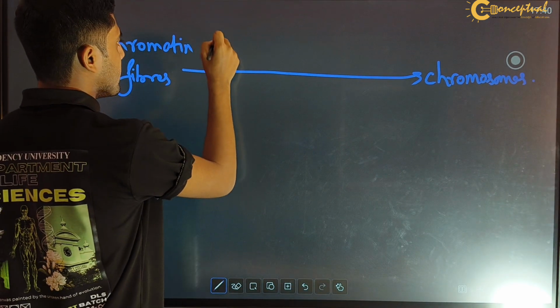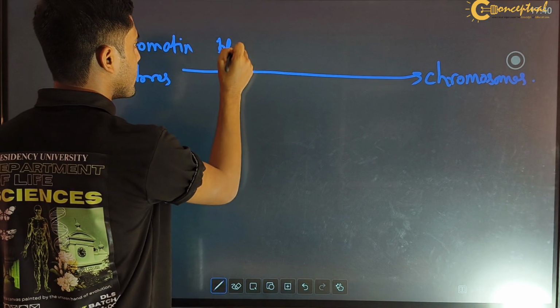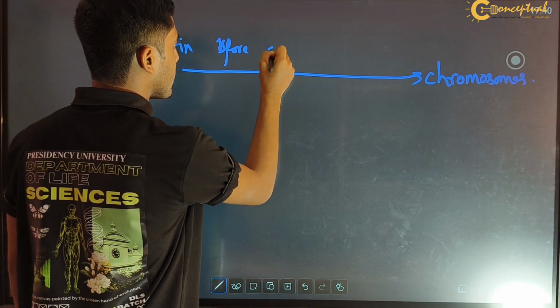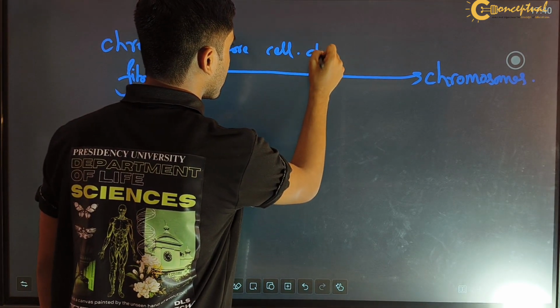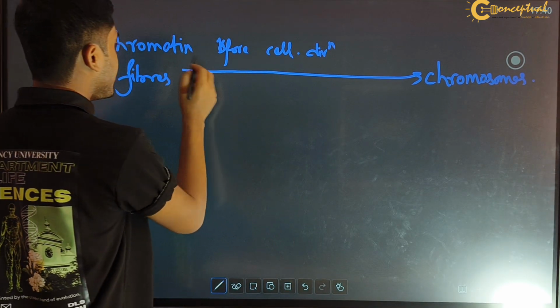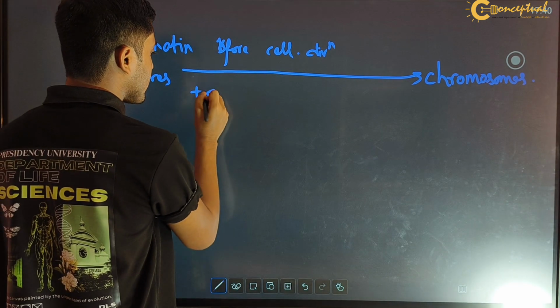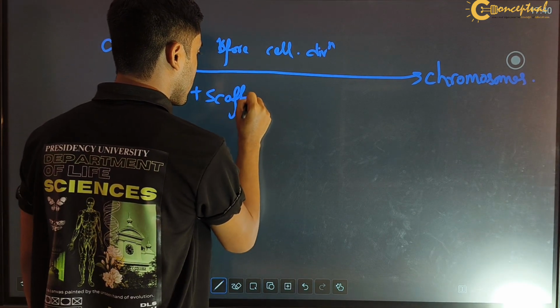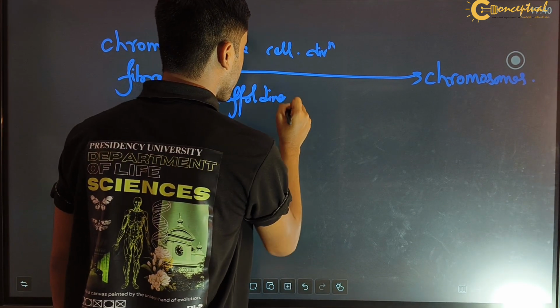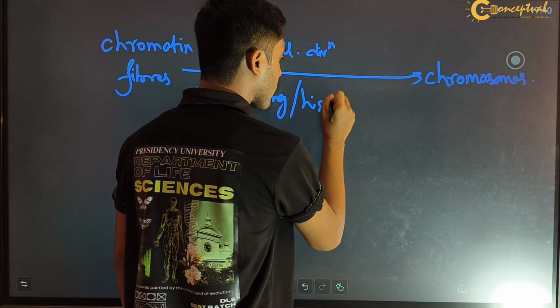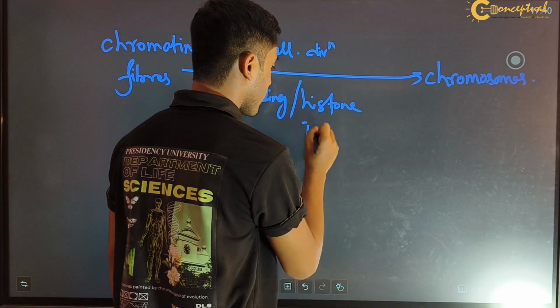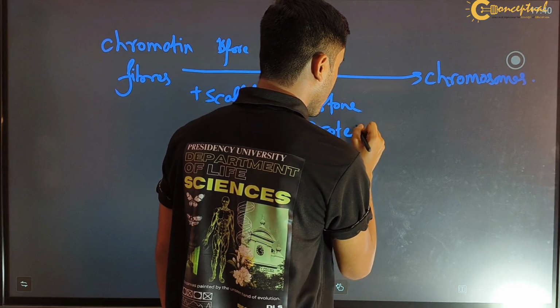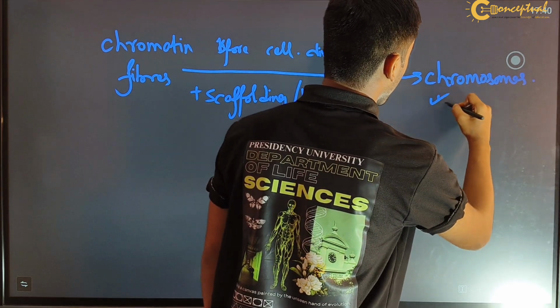They condense before the cell divides, before cellular division, and it condenses with the help of scaffolding or histone protein, to form something which is known as chromosome.